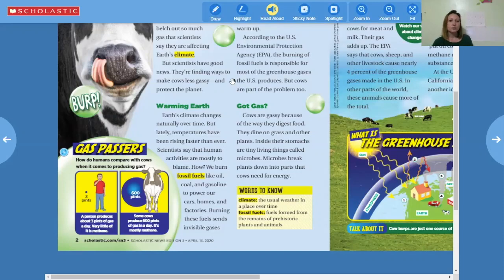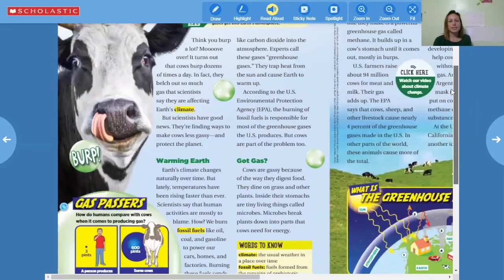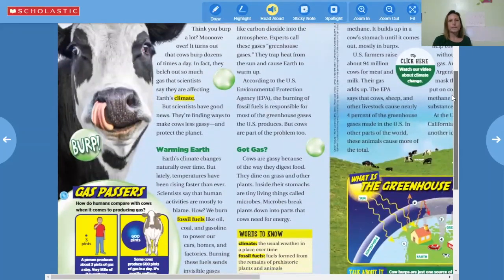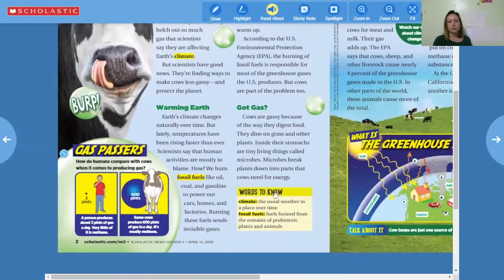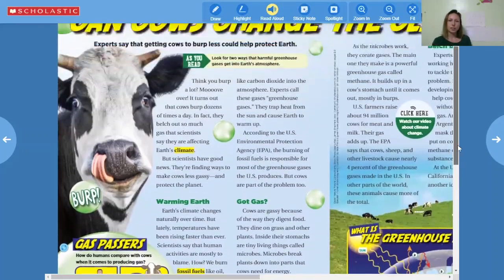We burn fossil fuels like oil, coal, and gasoline to power our cars, homes, and factories. Burning these fuels sends invisible gases like carbon dioxide into the atmosphere. And fossil fuels, if we look down here, are fuels formed from the remains of prehistoric plants and animals. So they are naturally occurring.